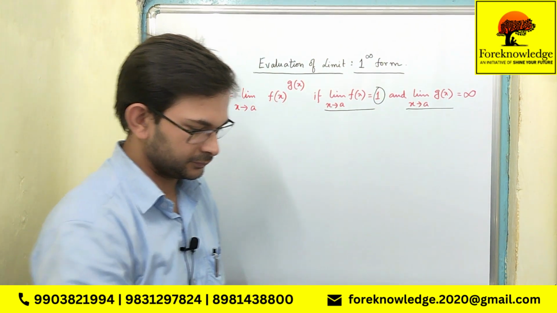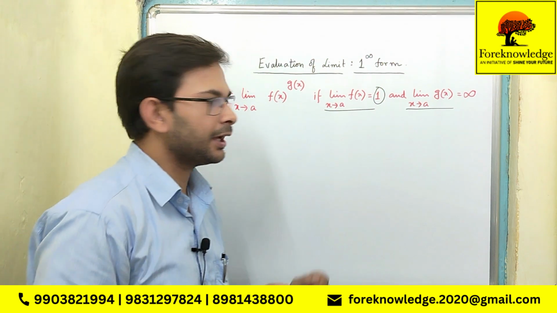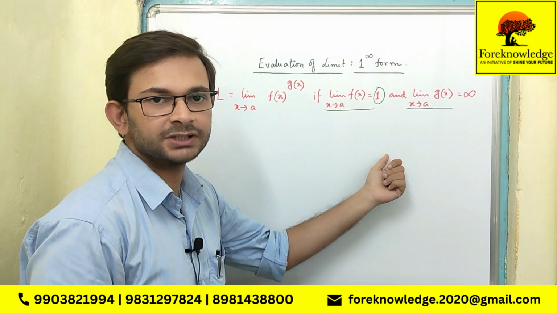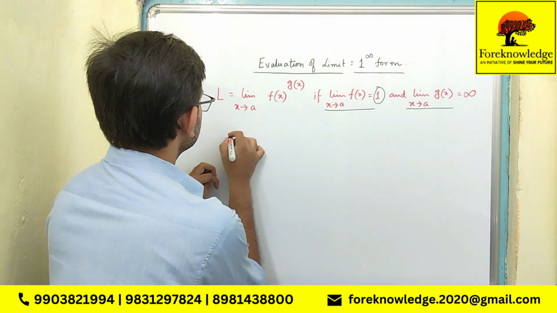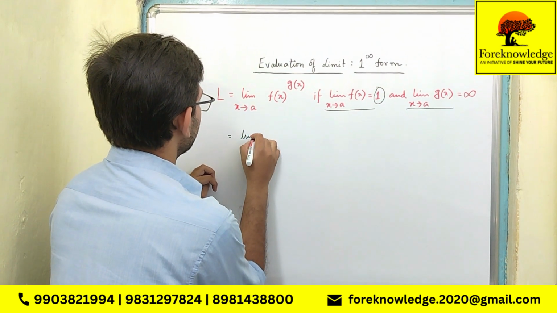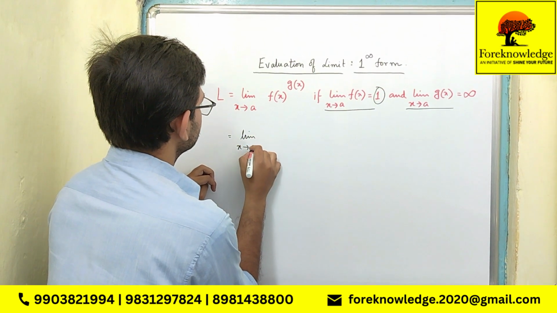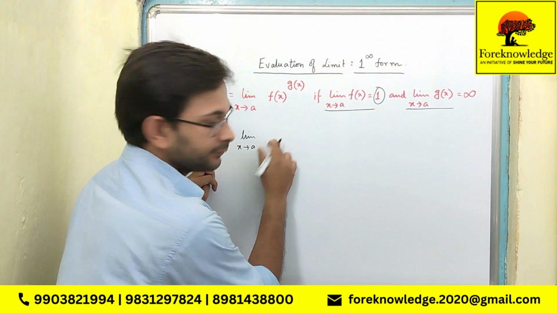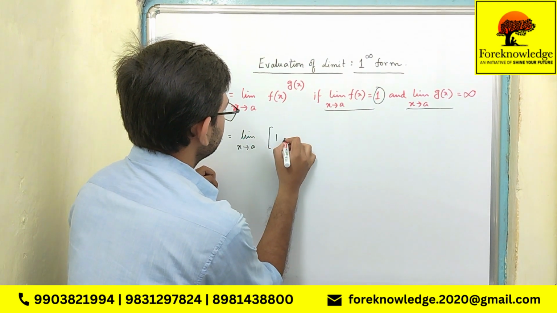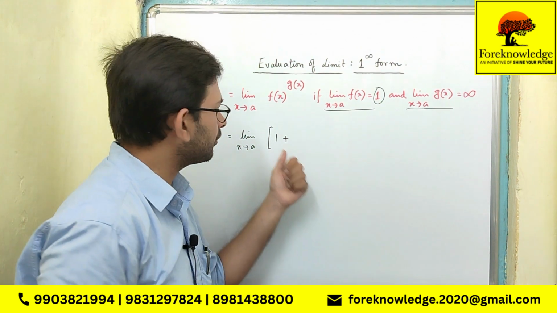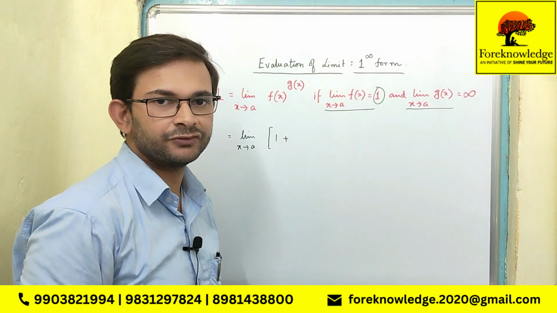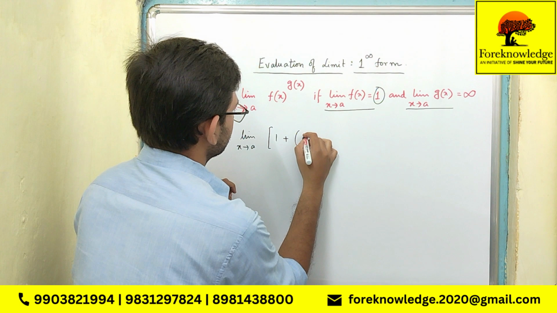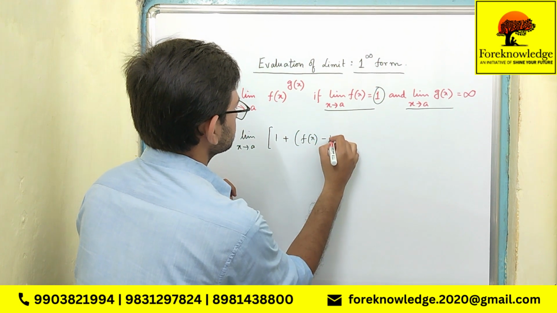Now, if we have to apply these forms that I've written a little ago, then we have to bring 1 here, 1 plus. In order to add this 1, we have to subtract also.